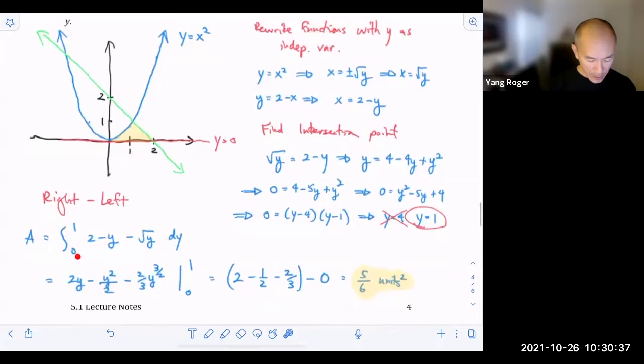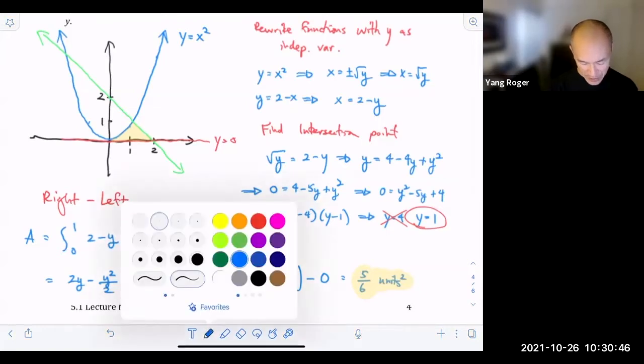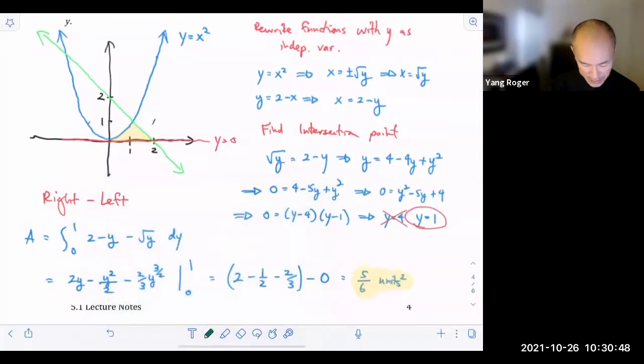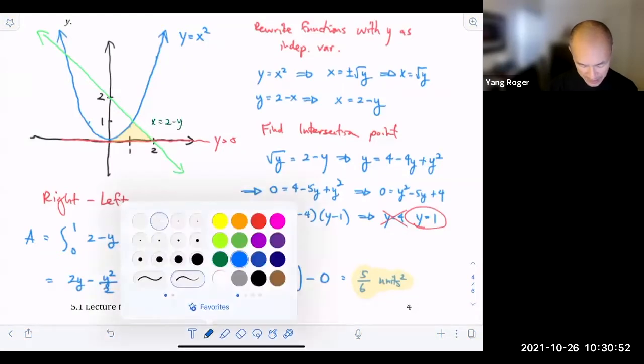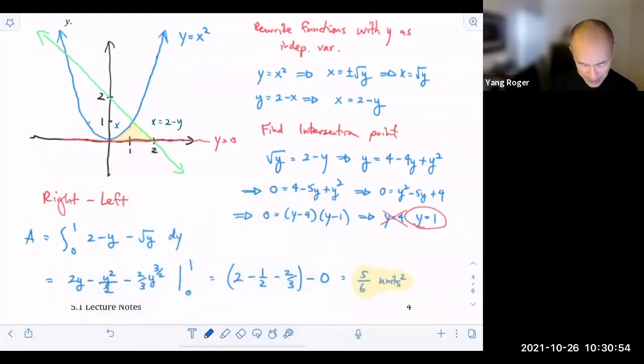And then you simply subtract the function on the right from the function on the left. I didn't label that function on the right there, so let me do that. This is going to be x equal to 2 minus y. And the function on the left, I labeled it up high there, but I could write it x squared. Oops, sorry, not x squared.